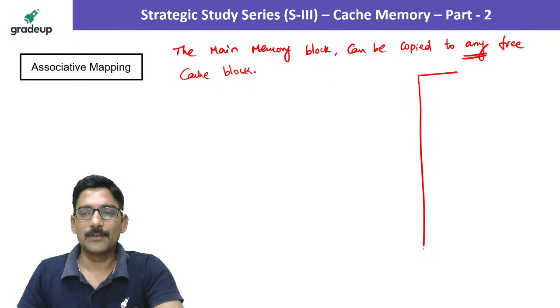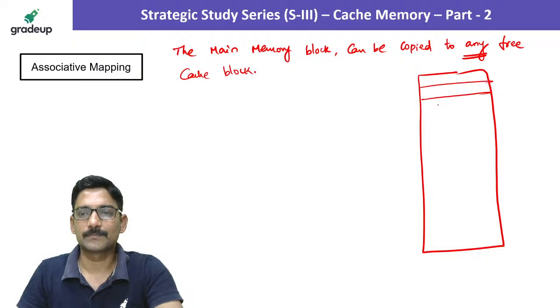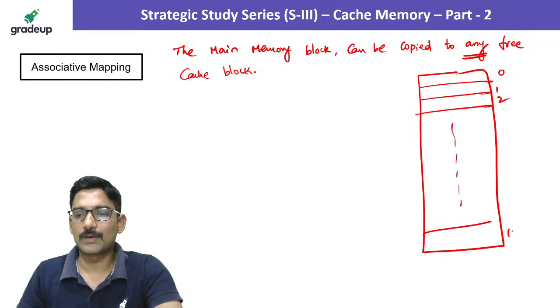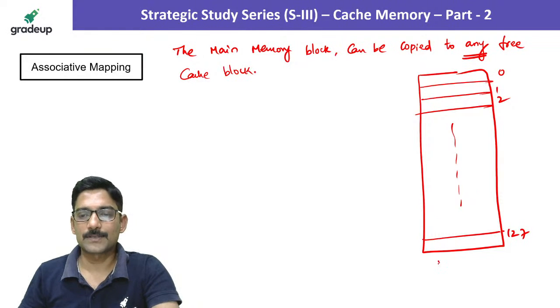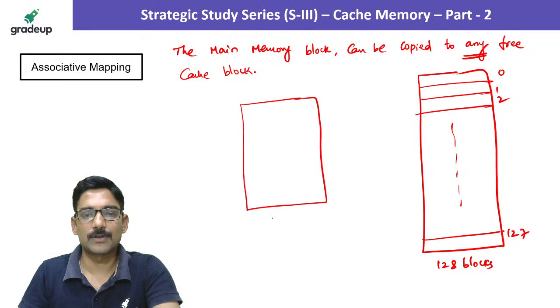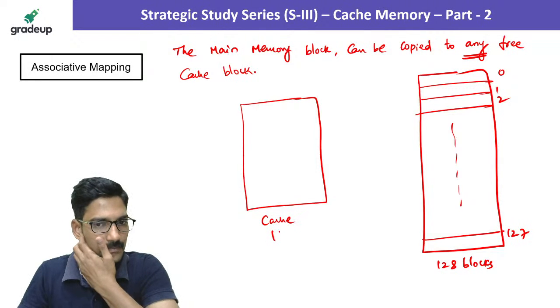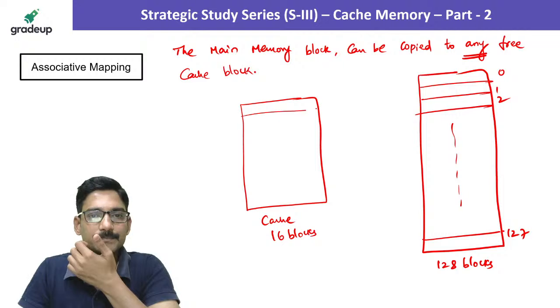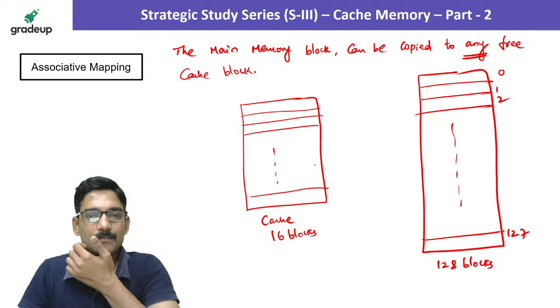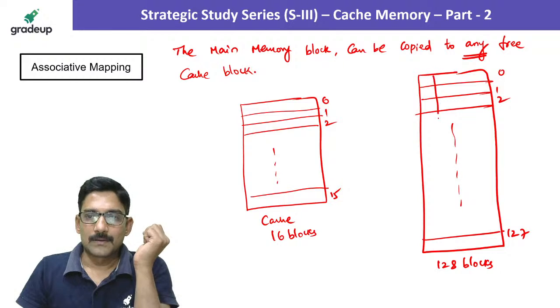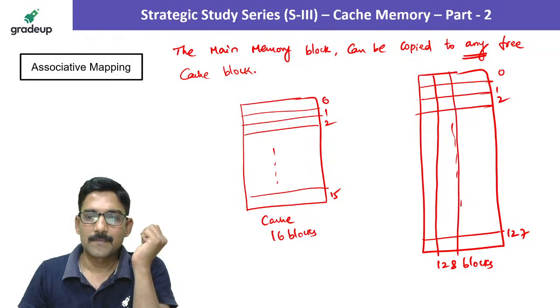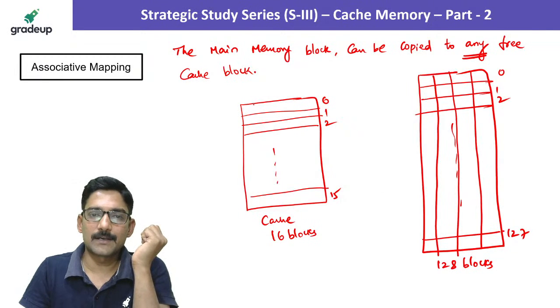So if you take some main memory here with 128 blocks and cache memory of 16 blocks, numbered from 0 to 15, let's say there are 4 words in every block.